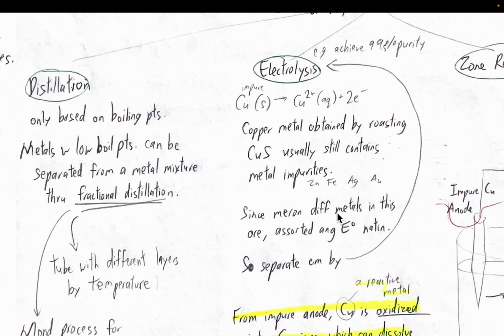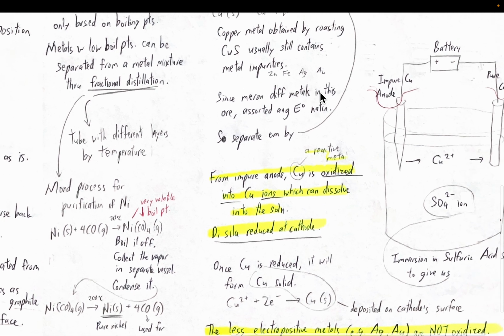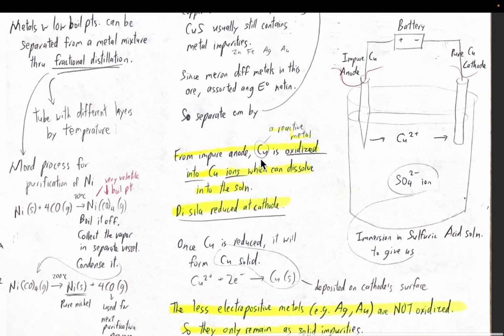So you separate them by electrolysis. From an impure anode, copper, which is a reactive metal, is oxidized into copper ions, which can dissolve into the solution. So they are not reduced at the cathode.